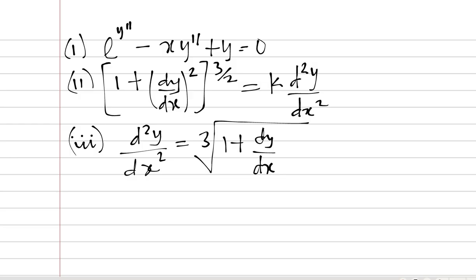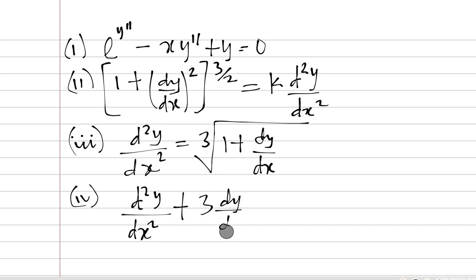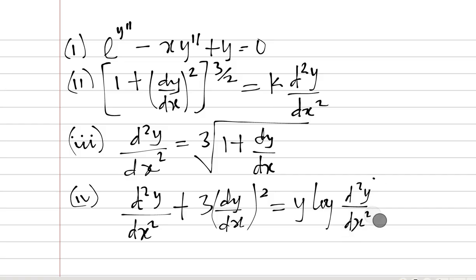Then number 4, the order and the degree of d squared y over dx squared plus 3 dy dx all squared equal to y log d squared y over dx squared. So do this one also.